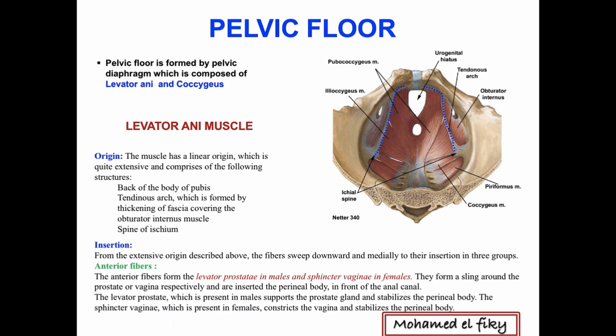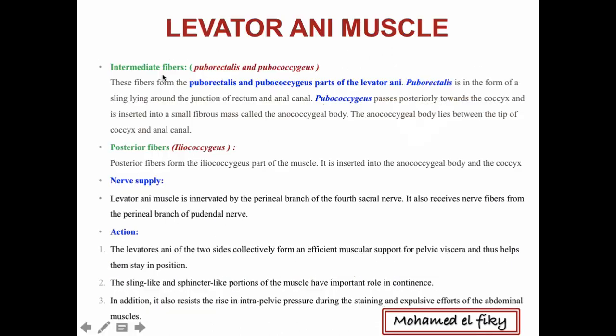The medial, or intermediate, part surrounds this opening. The rectum passes through this opening and continues as the anal canal. So the intermediate fibers are called puborectalis and pubococcygeus.